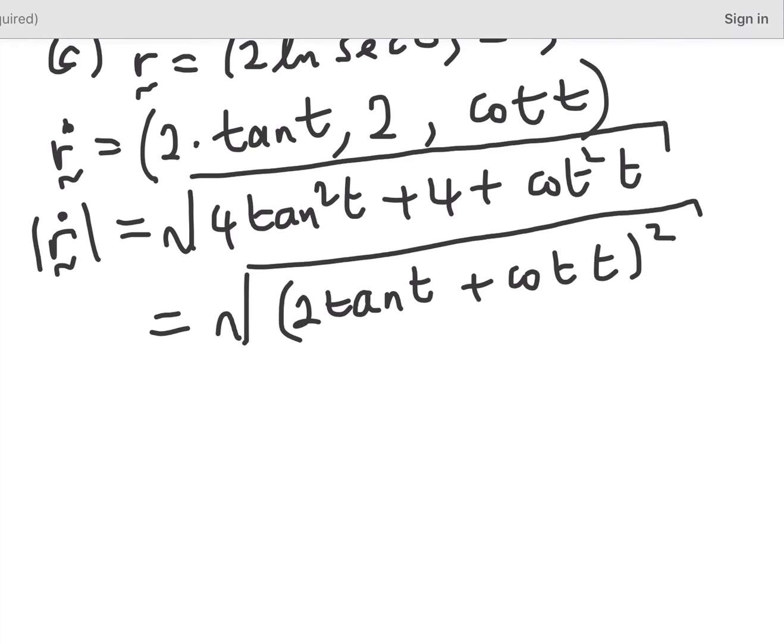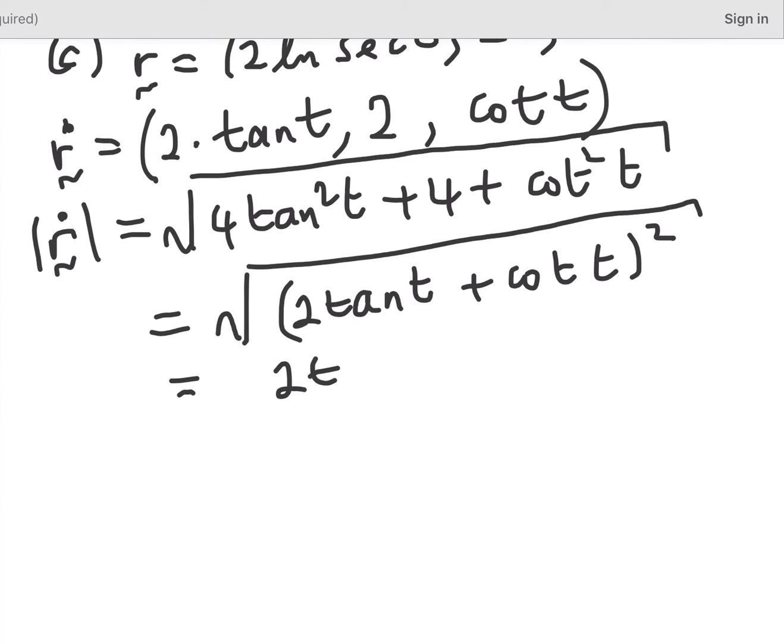The middle term will be, you multiply the two, so for the middle term, it will be 2 tan t cot t doubled, so that will give us 4 tan t cot t. Since cotangent is 1 over tan, tangent times cotangent is 1. So the middle term would be very simply 4. So that's correct. The square root of all of that, of course, would then be knocking off the square and square root.